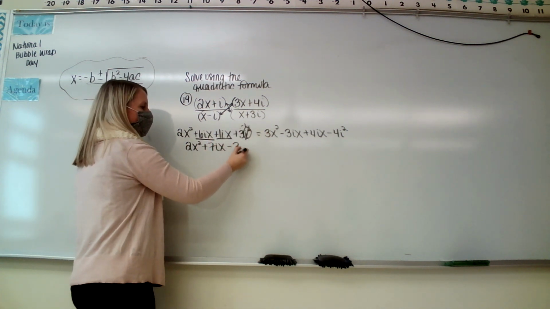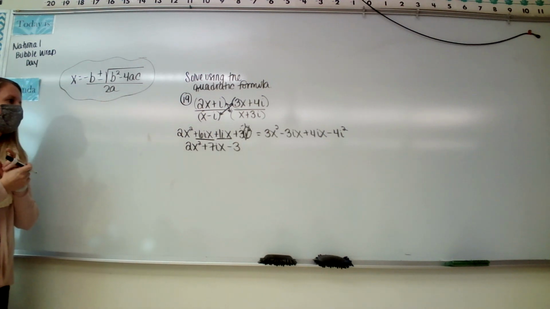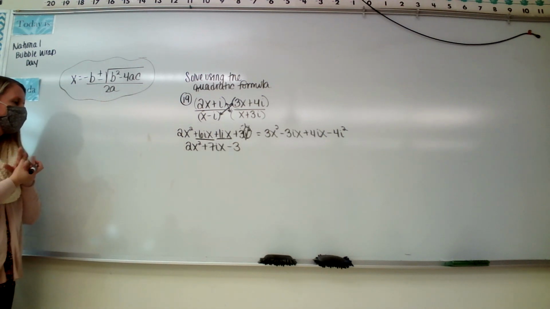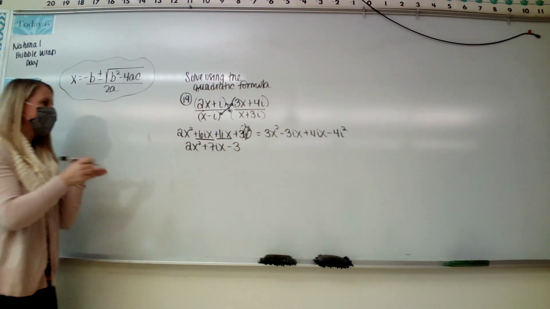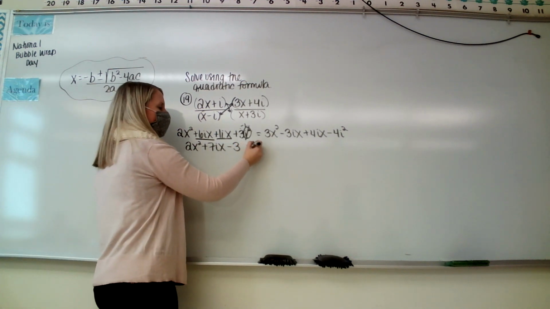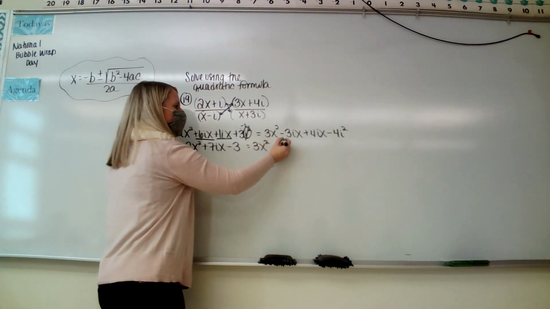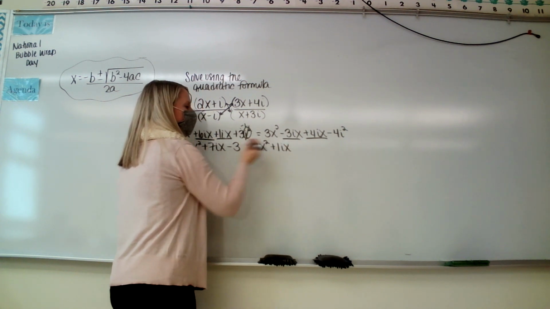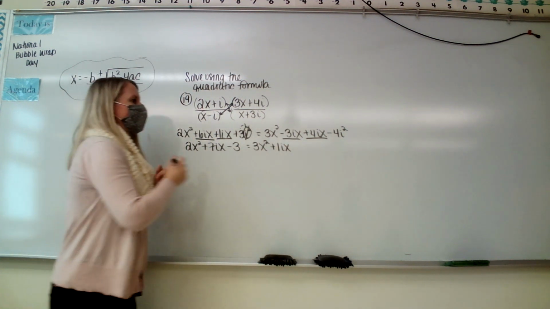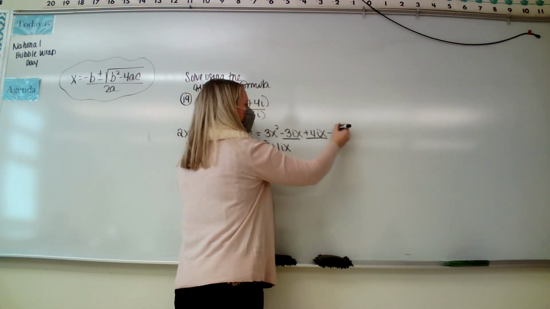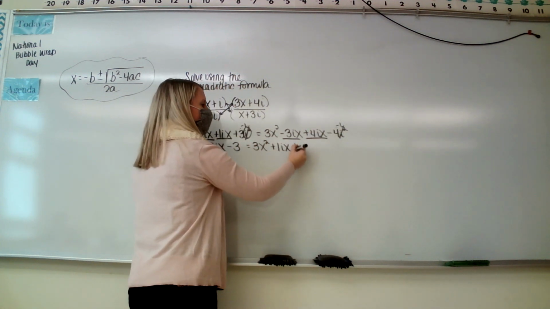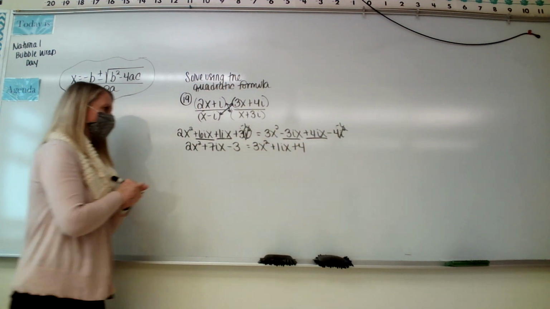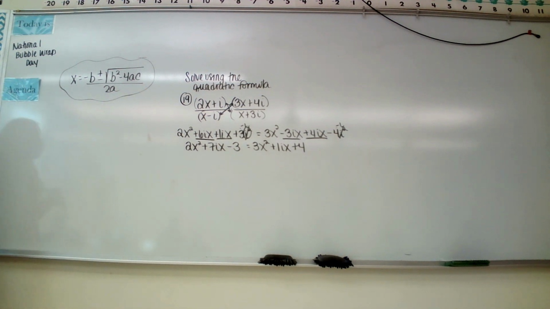So that's really minus 3. Okay, that's looking a little better. Let's do the same thing to the right side. We have 3x squared. I can combine those like terms to get plus 1ix. And once again, i squared is -1, and negative times negative gives me plus 4. Okay, we're already looking a little bit better.